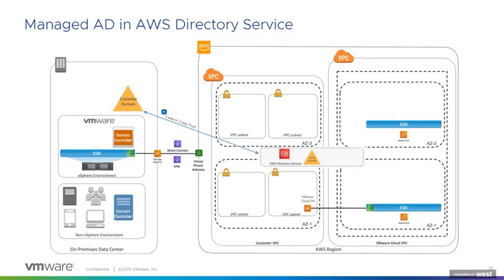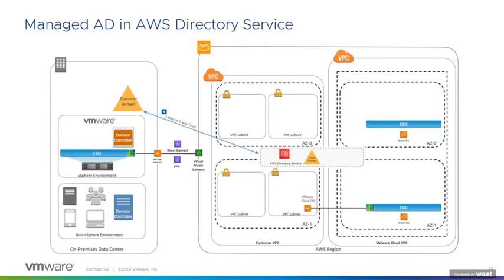You could also set up a 2-way trust relationship, which would allow you to have users hosted in the cloud as well as users and groups hosted on premises. Then you could assign permissions on either side, either on premises for access to cloud resources, or to users in the cloud for resources on premises. So you have full flexibility with being able to set up a 1-way or a 2-way trust relationship.